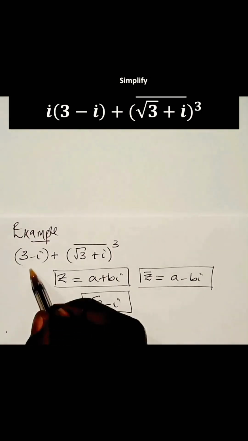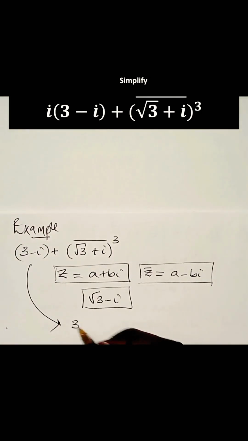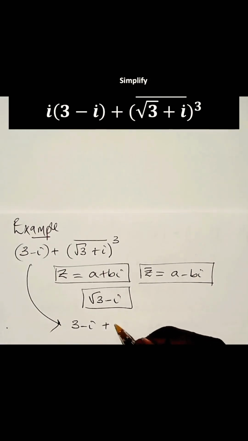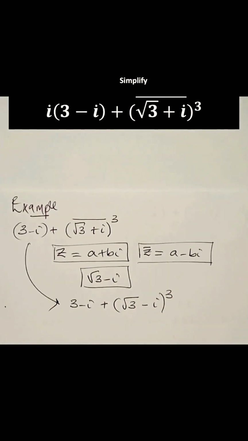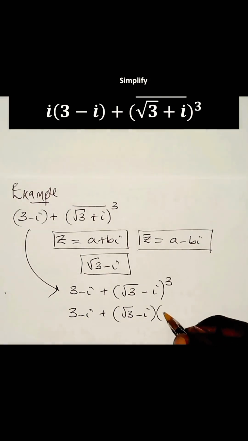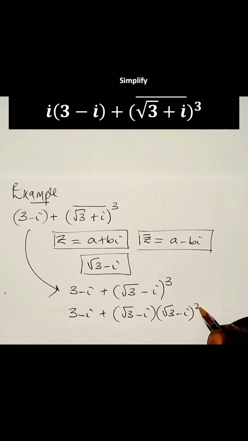Then this will give us 3 minus i plus root 3 minus i to the power of 3. Now we have 3 minus i plus root 3 minus i multiplied by root 3 minus i squared.